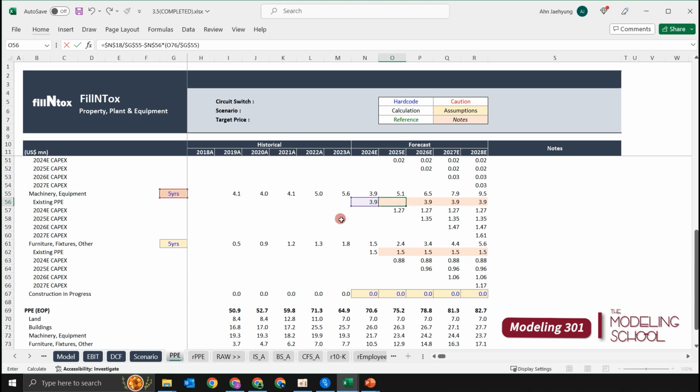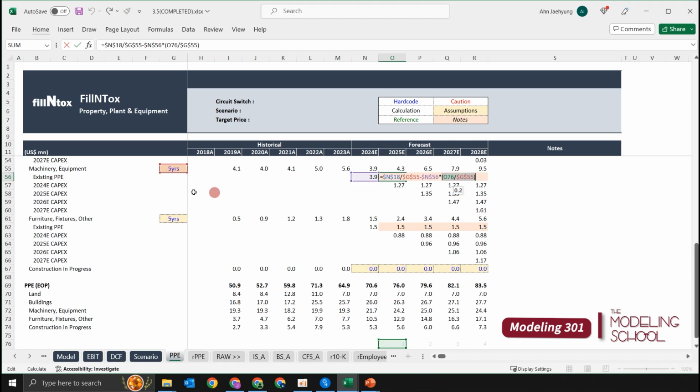So eventually this represents 1/5 of the total depreciation amount, which we're going to exclude from the total amount.